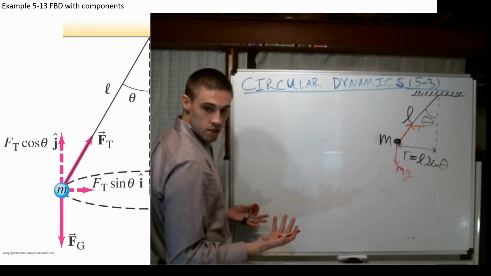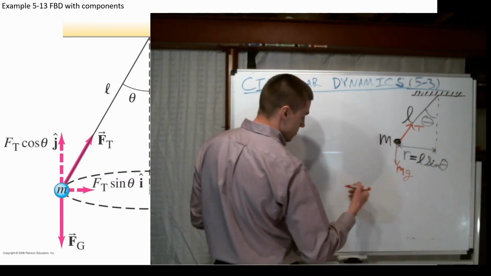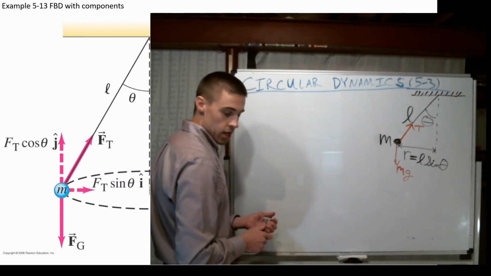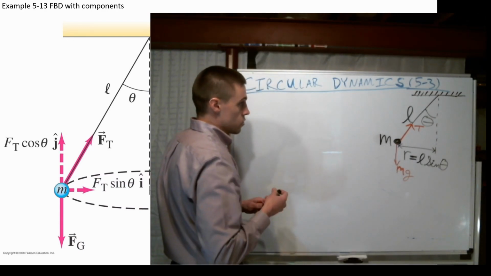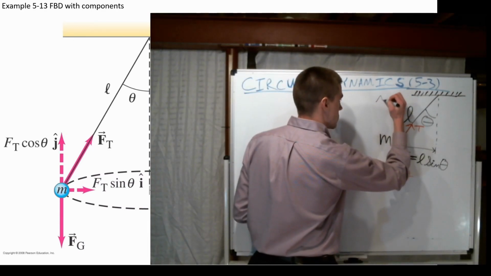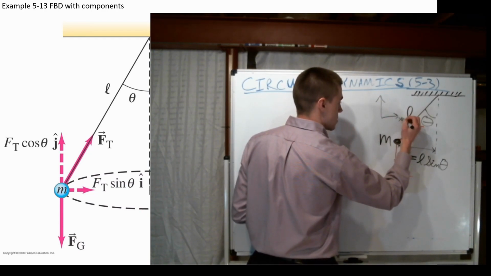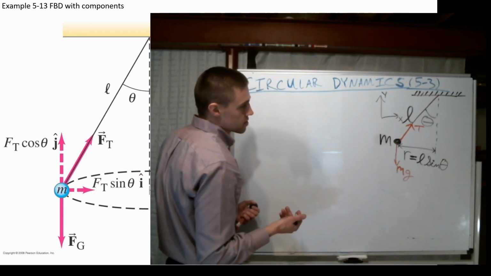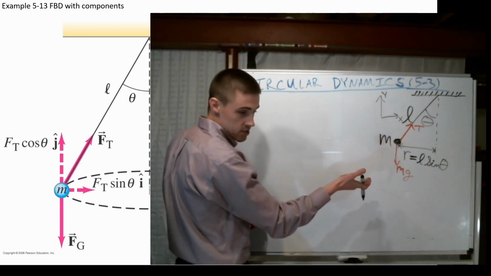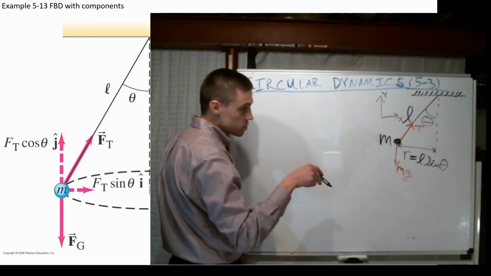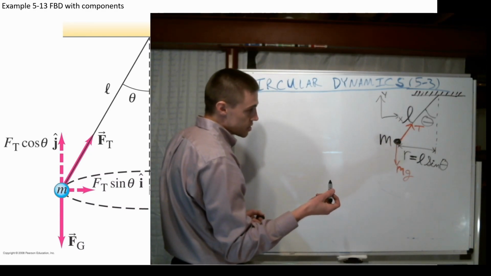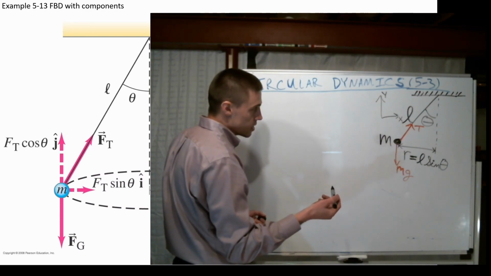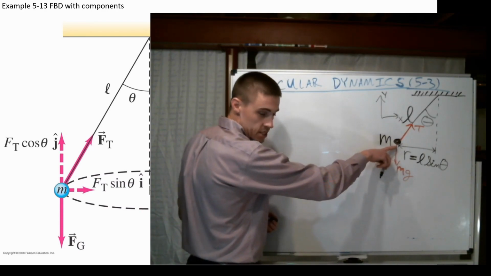Okay, now if I wanted to use xy coordinates, I could set up xy coordinates like this. I could call that x and this y. Then you would see that the x acceleration is non-zero because this thing is moving around, but the y acceleration must be 0. That's just because the object isn't changing in height.